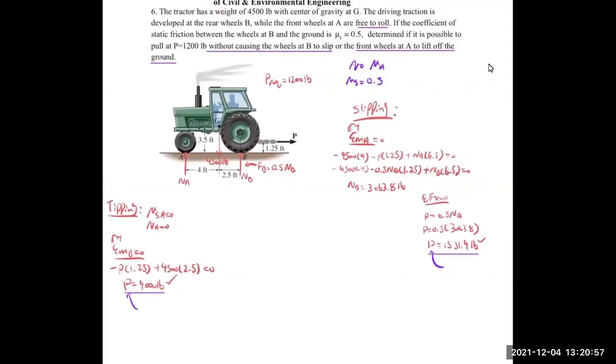And then the question says determine if it's possible to pull at a P of 1,200 pounds. So if we put this P at 1,200 pounds, does it cause this thing to either slip or tip? Well, we find out that it will not, because P required is less than P slip and less than P tip.